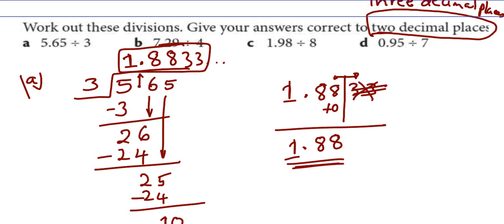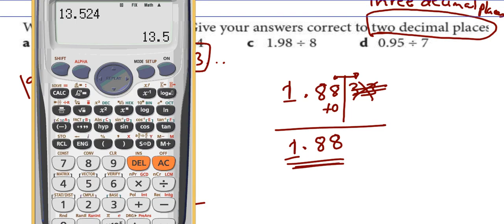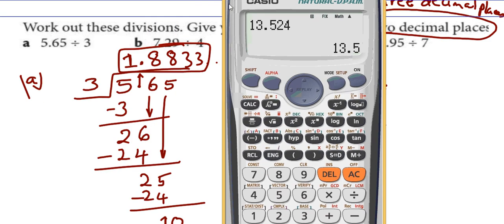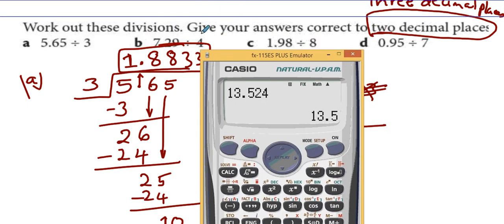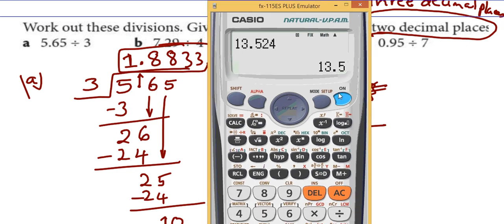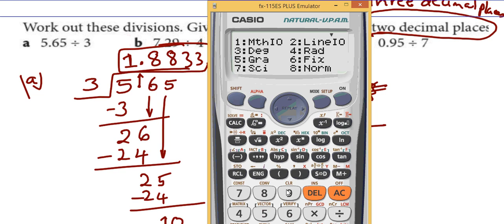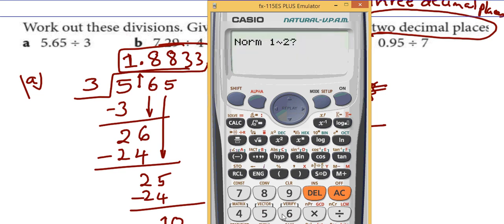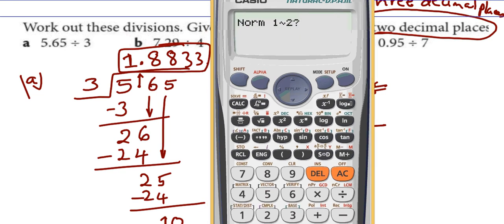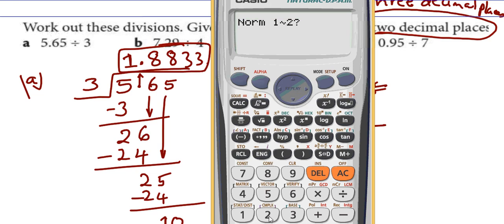Okay, what if we use a calculator to answer this question? Because the question is give your answer correct to 2 decimal places, what we are going to do is fix our calculator to 2 decimal places.